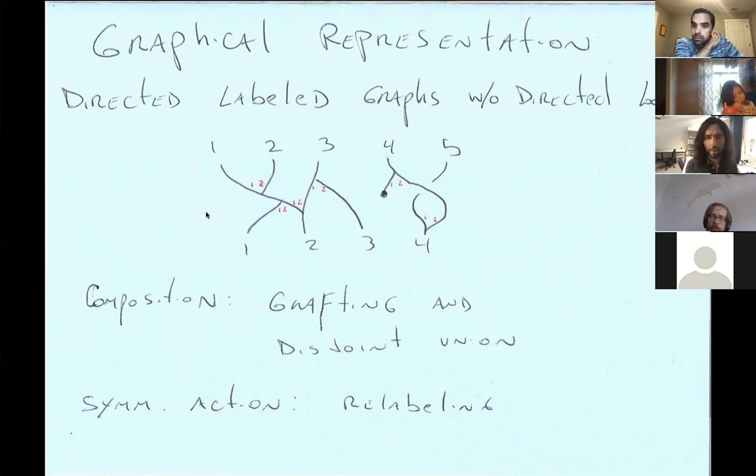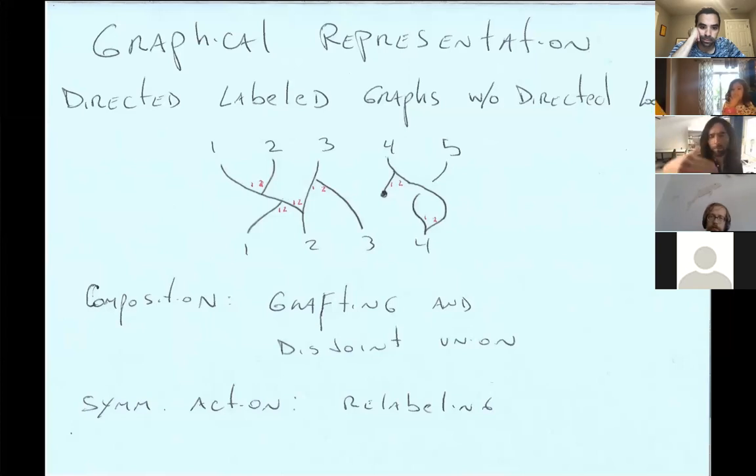And the labeled part of this structure: all inputs are labeled with positive integers, and all outputs at the bottom are labeled as well. And every time we have a vertex, we have total orders on the incoming edges and on the outgoing edges. So here we can see in red choices for those labels.